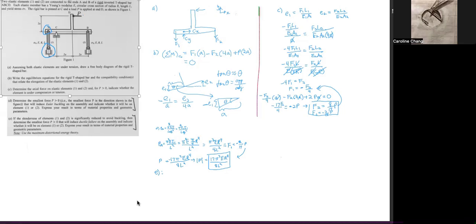And they want us to use the maximum distortional energy theory. For ductile failure, it is the same whether the member is under tension or compression, contrary to buckling, where it's only applicable for members under compression.